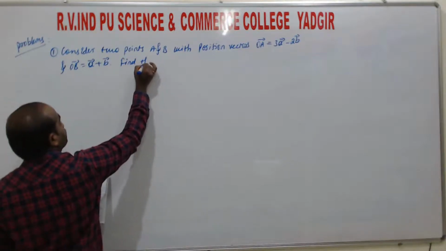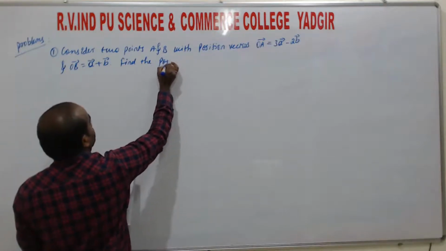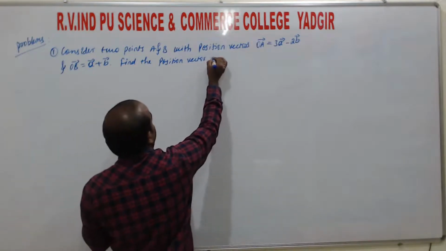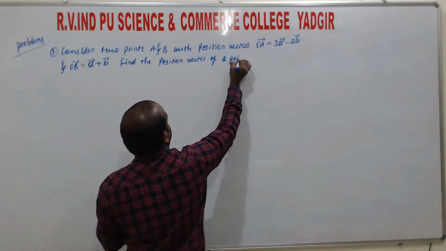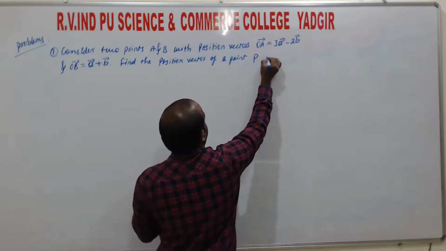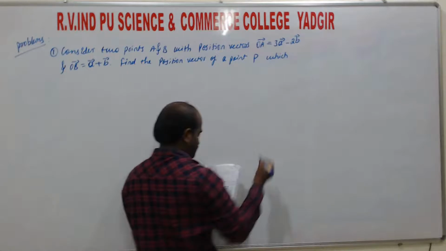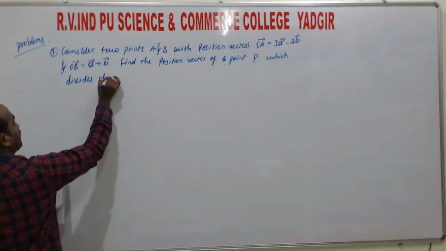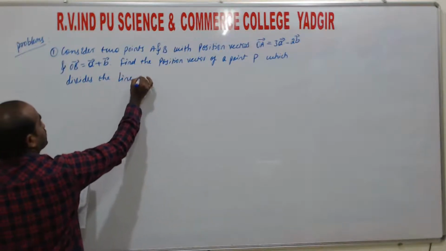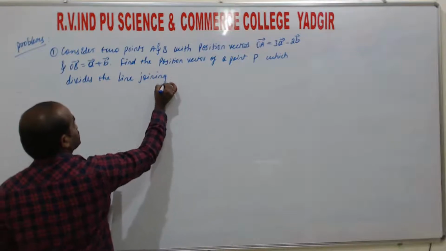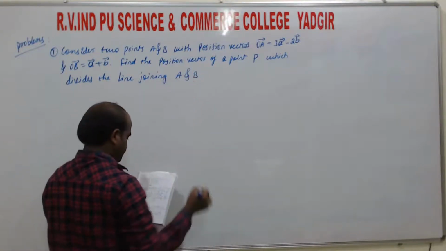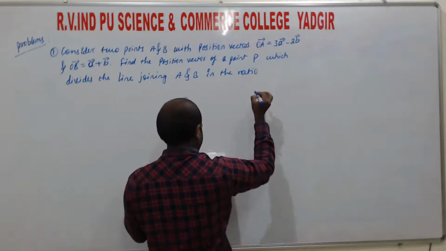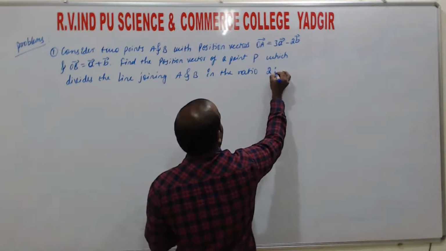Find the position vector of a point P which divides the line joining A and B in the ratio 2:1.